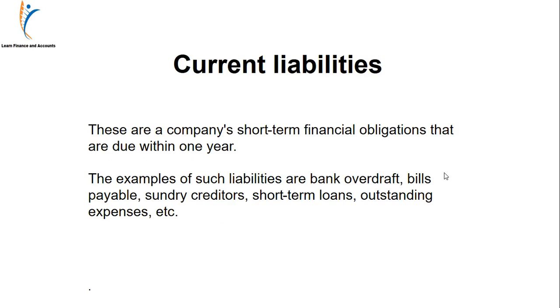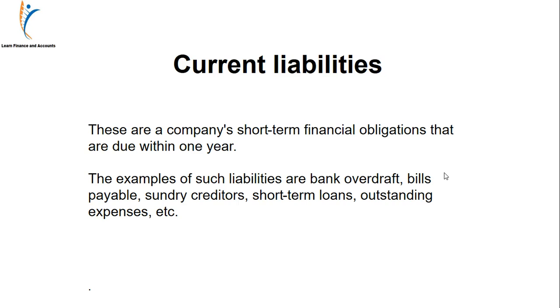And current liabilities. So these are the company's short term financial obligations that are due within 1 year. So, how much the company has to pay within 1 year is known as current liability. So, these can be, say, electricity and water bill, these can be bank overdraft, these can be sundry creditors or short term loans or outstanding expenses that we have to pay.